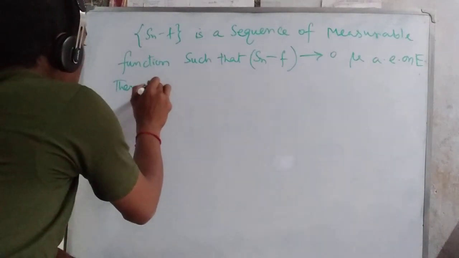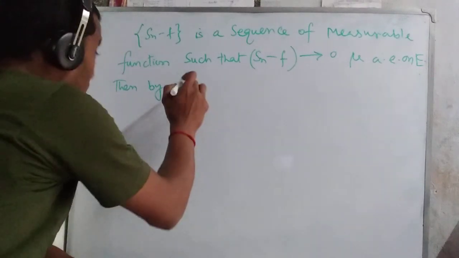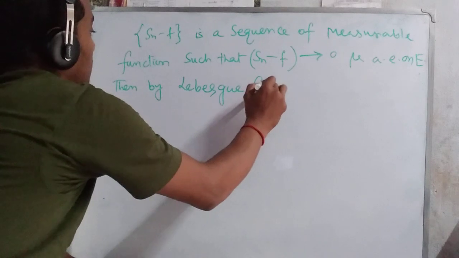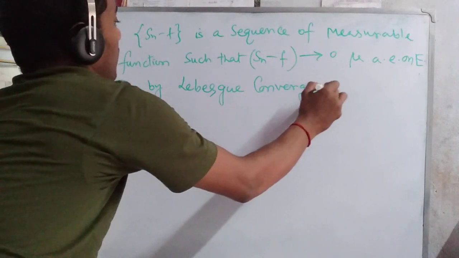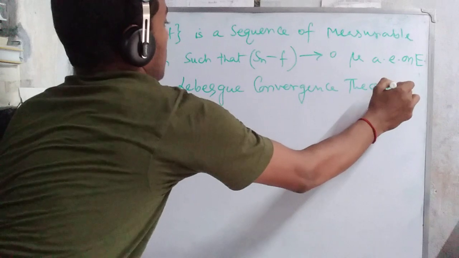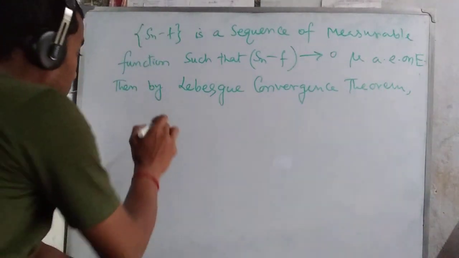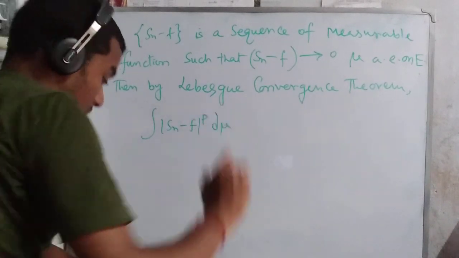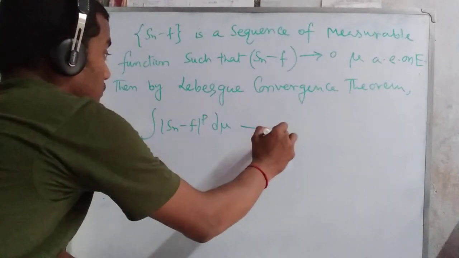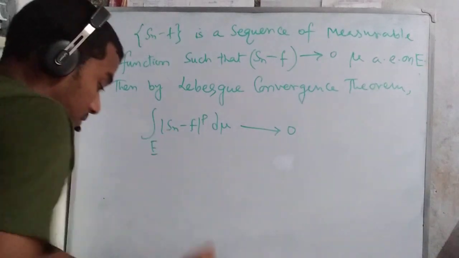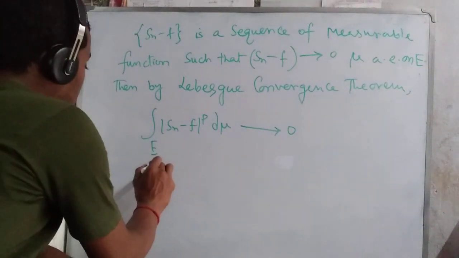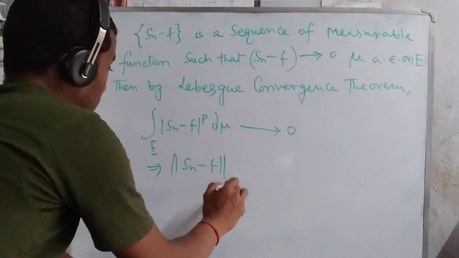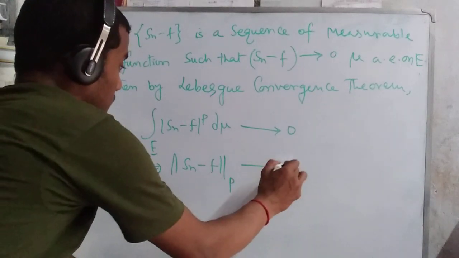Then by Lebesgue convergence theorem, the integration of |S_n minus f| whole to the power p d mu converges to 0 with respect to E. Then this implies that the norm p of S_n minus f converges to 0.